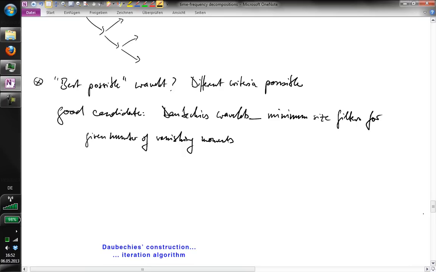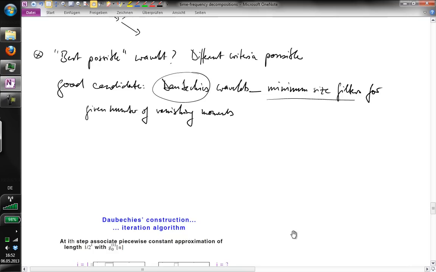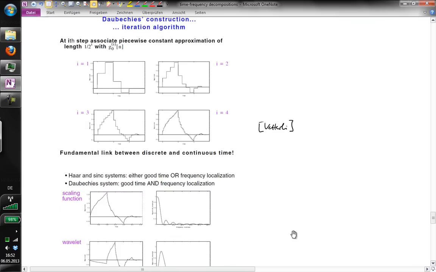And if you take this particular criterion, you want the minimum size filters for a given number of vanishing moments, then the single best possible answer is unique, and those are the Daubechies wavelets. And they're actually a generalization of the Haar wavelet.